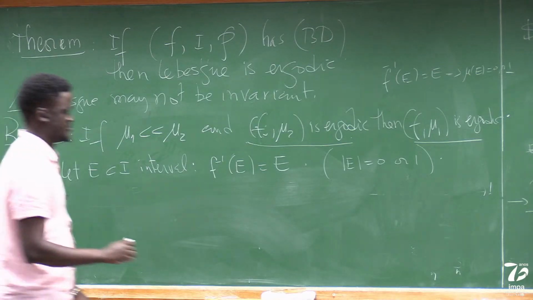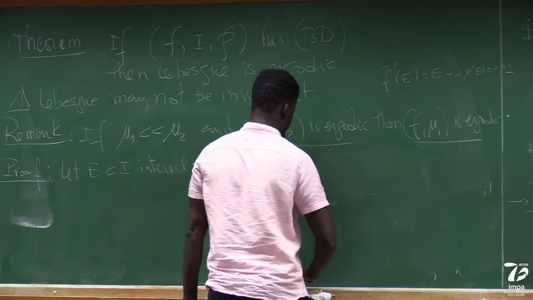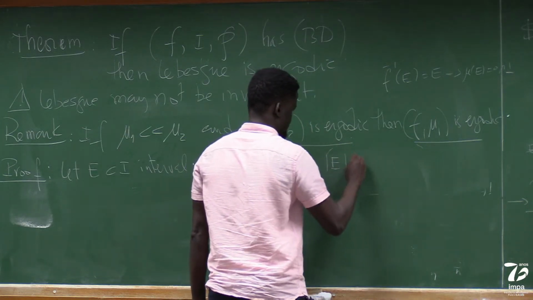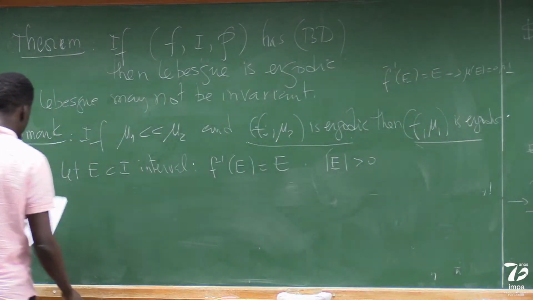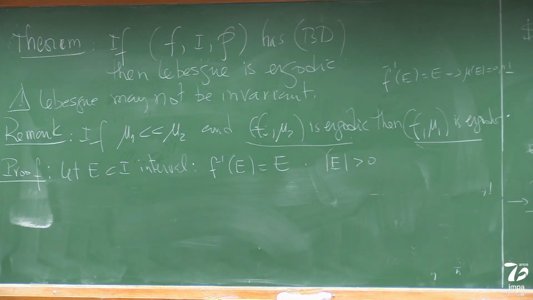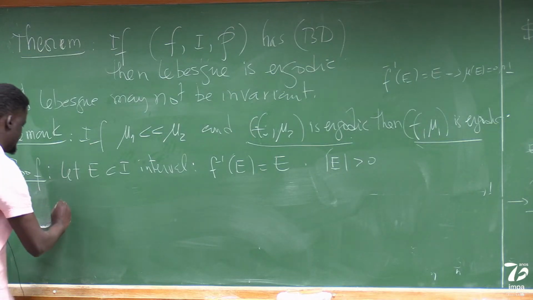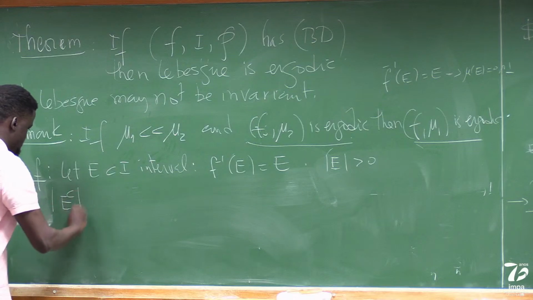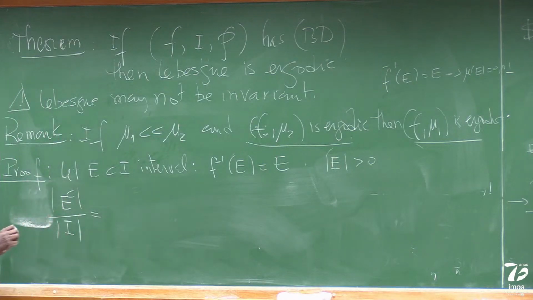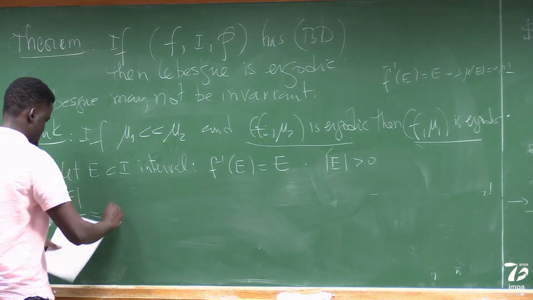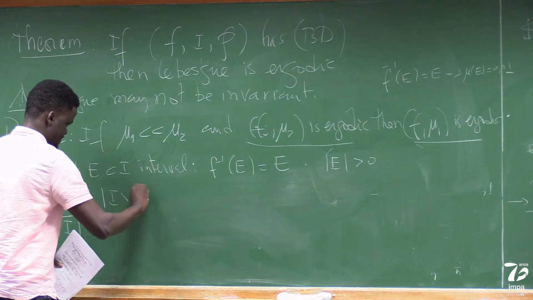Let's suppose that this has positive measure, it's not empty, and we want to prove that the complement has 0 measure. This is really a one-line proof, basically. If you look at E complement, the proportion of E complement in the interval, this is just I minus E of I.